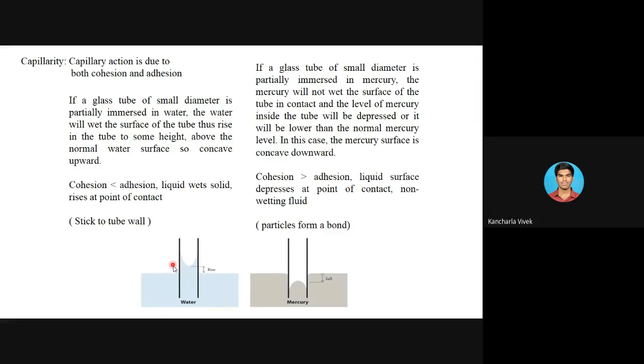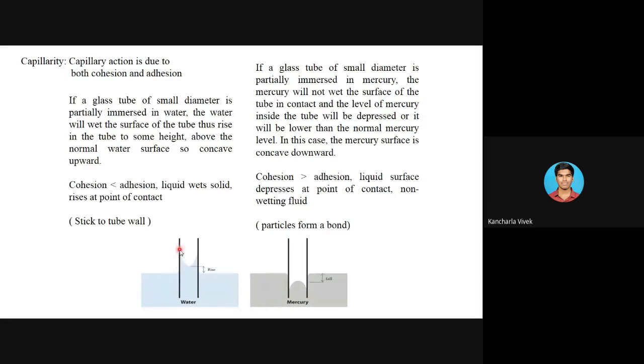In the case of water, at the point of contact of the wall with the water molecules, since adhesion is more, the water is being attracted towards the wall. Obviously, the water level will rise above the outside water level.